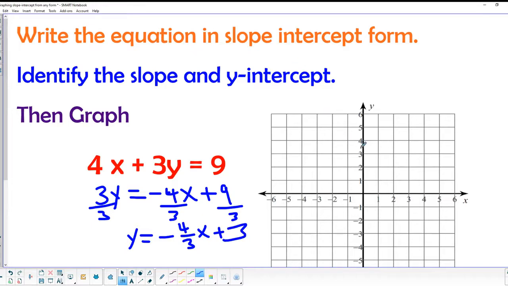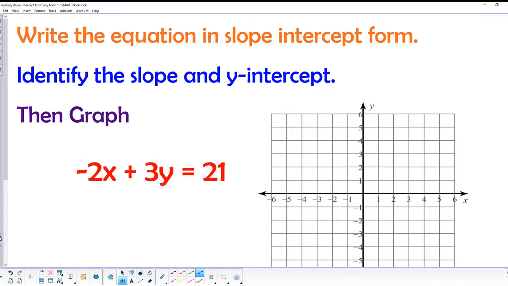All right, so we go up to 3, make a dot. And then from here we go down 4. 1, 2, 3, 4, and over 3. 1, 2, 3. Down 4. 1, 2, 3, 4 over 3. And there's our line on this one, coming down just like that. Got a negative 4/3 slope.